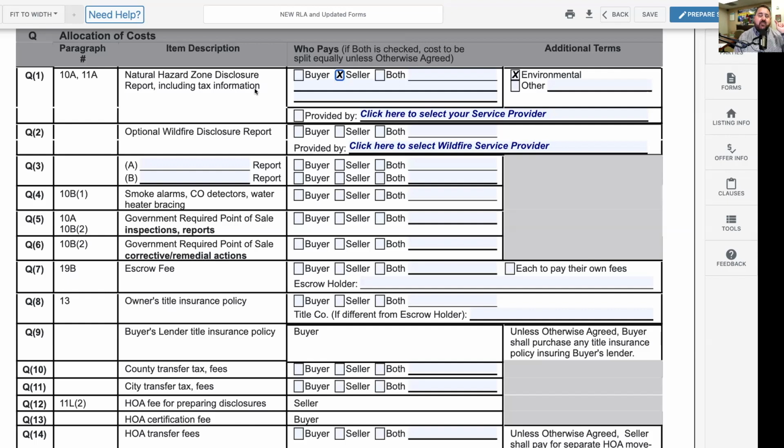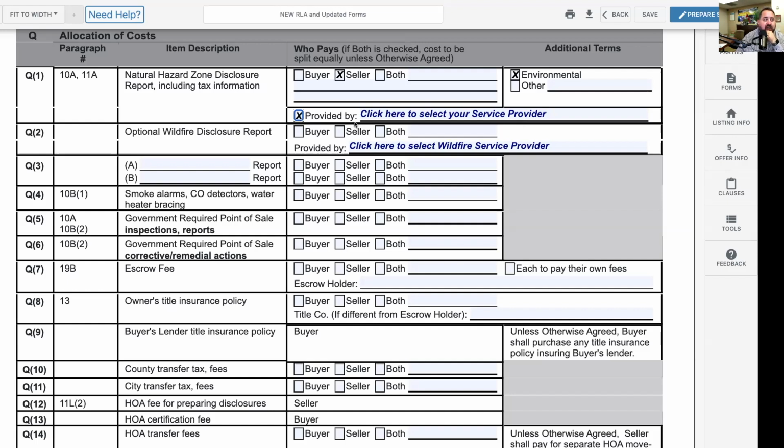So when I'm writing my offer, there's nothing wrong with me asking. It's not weakening my offer by asking, but please make sure. I see so many times offers where agents bring them to me to review, and I've reviewed some of our agents, and I still see, instead of "provided by," I still see "click here to select your service provider" on the offer that they've printed for me to review, or they're saying, hey, I got this offer, can you take a look at it for me and make sure there's nothing wrong with it or what we need to counter?